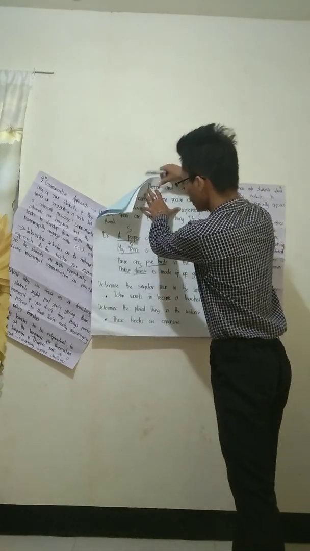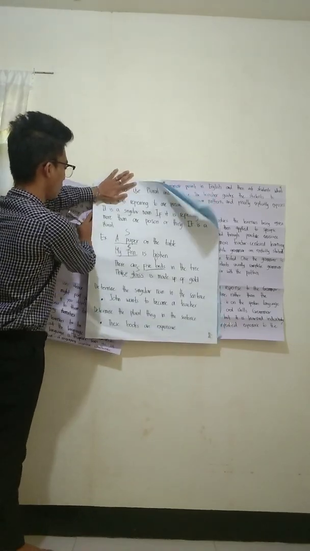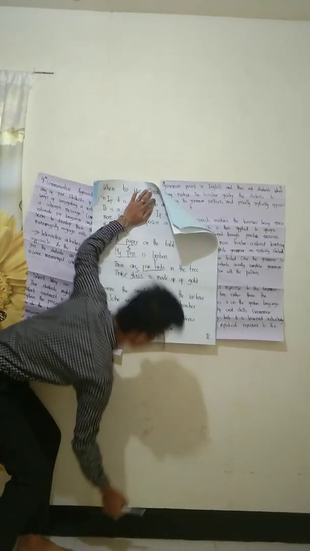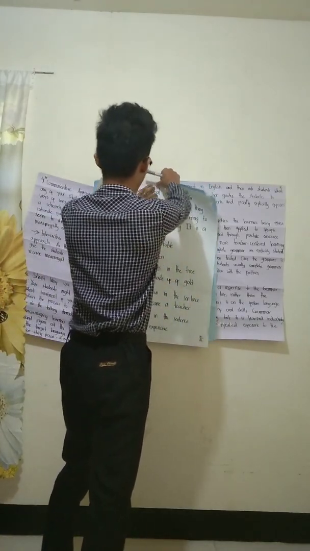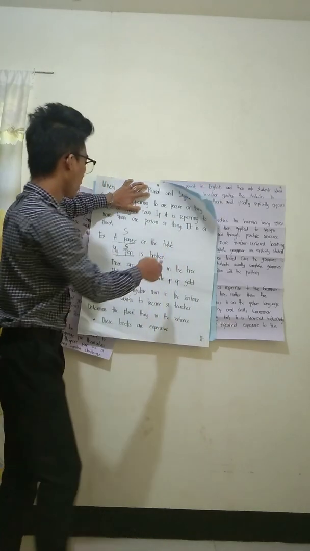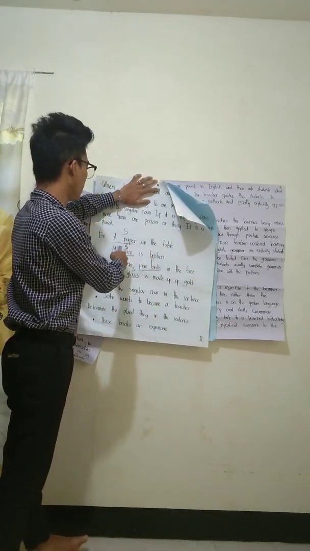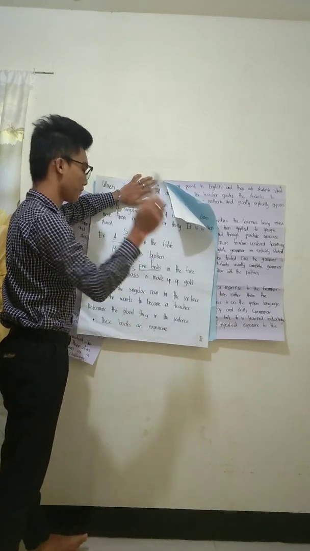So, for example here, example number 1: a paper on the table. Here the singular thing is paper because it only refers to one.